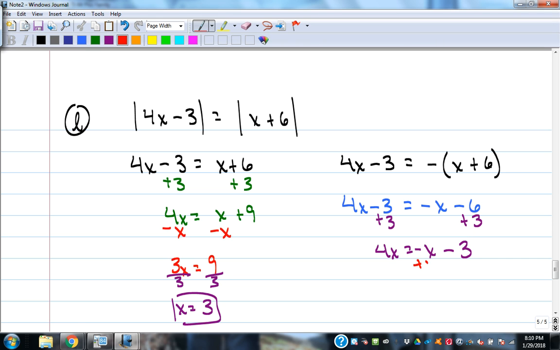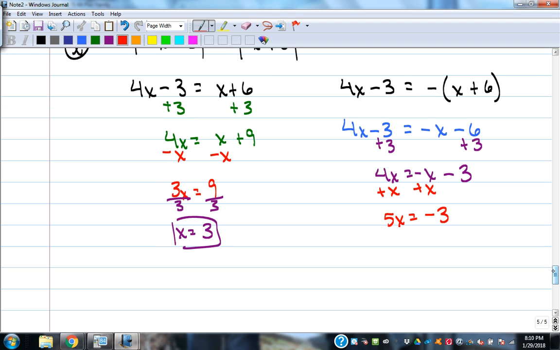Then you add x. That's 5x equals negative 3. And then divide by the 5. Negative 3/5. So having an absolute value on both sides really doesn't make it that much more difficult. You just got to remember to change the sign of everybody on one of the sides to solve them, and then it works out real nice.